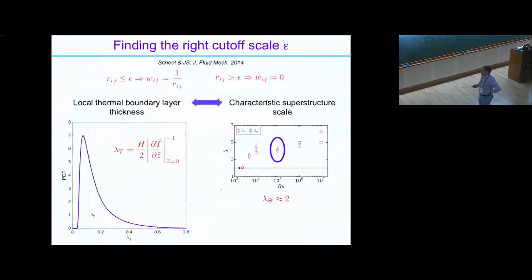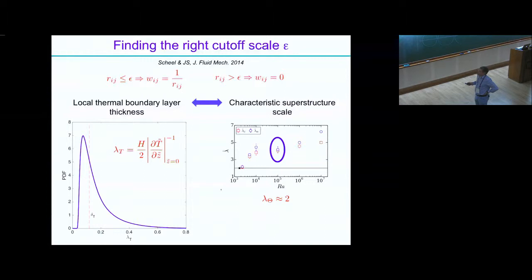I said already that you need to cut, or set your weights at some level to 0. That means you need some kind of physical scale which you apply to do this operation.